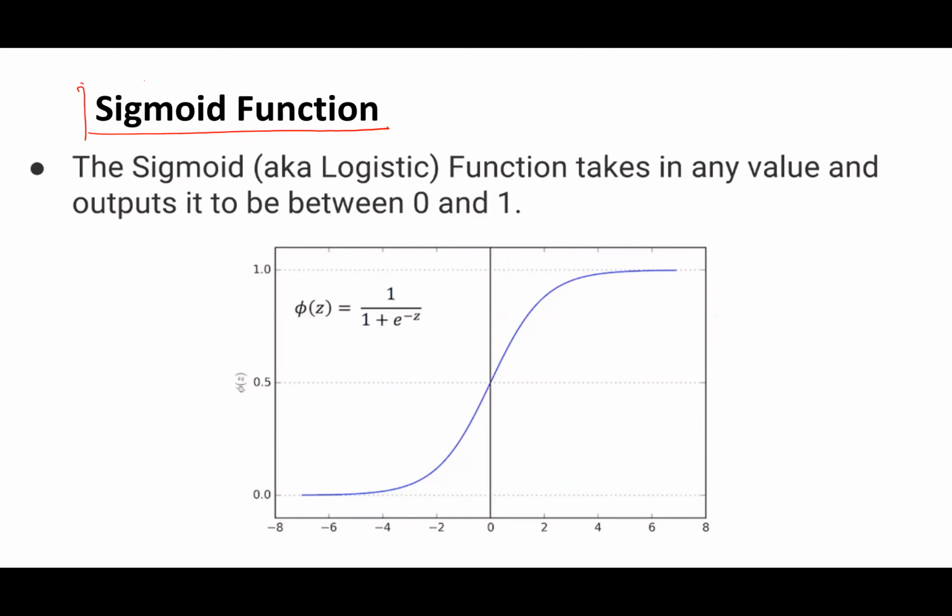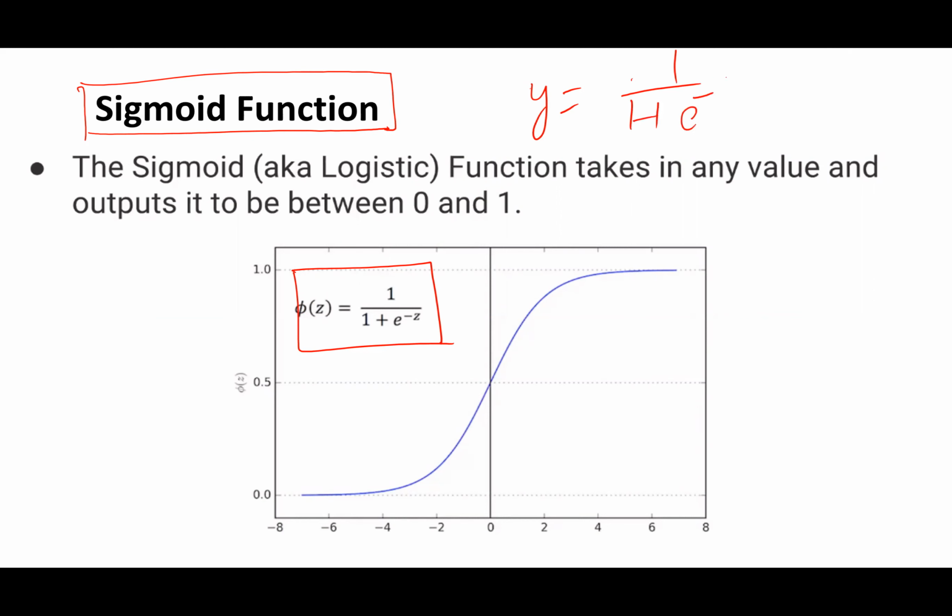We have a function called the sigmoid function. When you say y is equal to 1 upon 1 plus e to the power minus x, if you put in all the values of x from minus infinity to infinity, you will get output y values between 0 and 1 only.